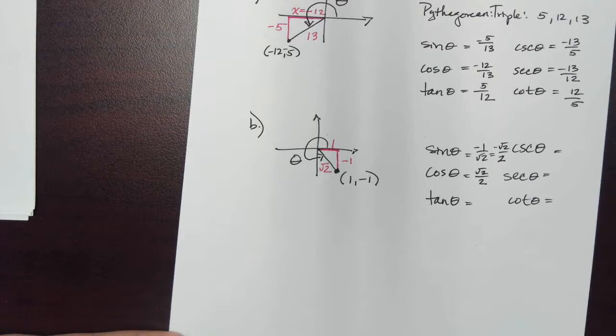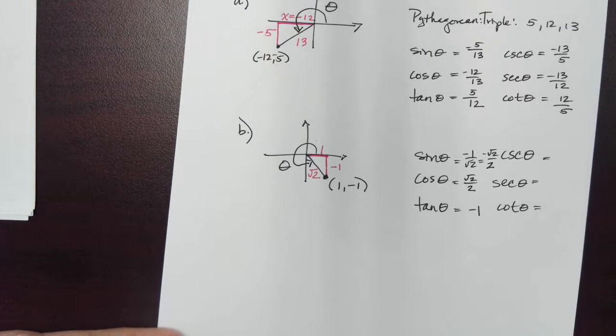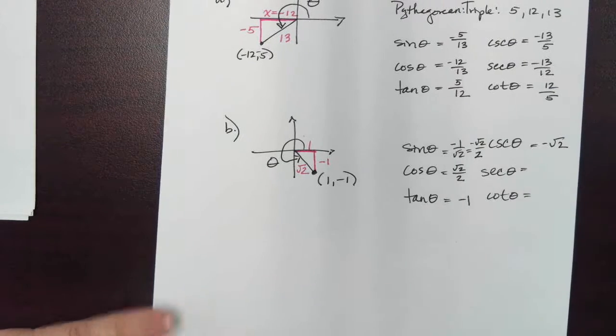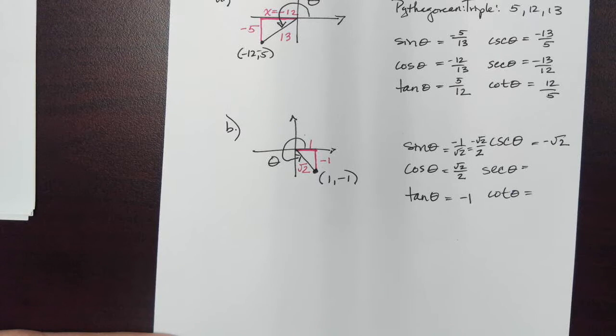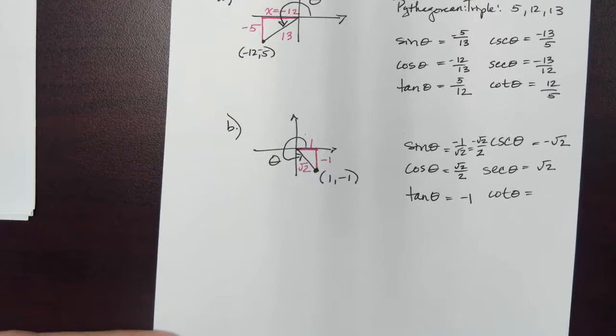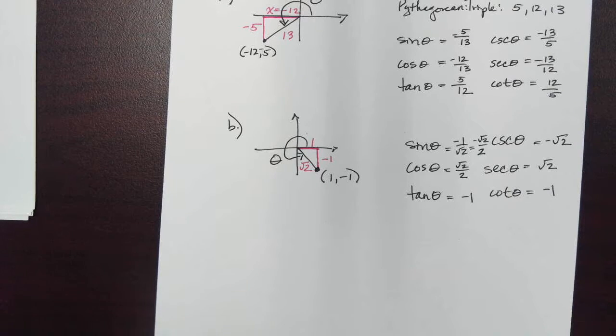It's going to be negative 1. Cosecant theta? Negative square root 2. Secant theta? Square root 2. Cotangent? Negative 1. Are those values the same as an angle measure on the unit circle? Negative pi over 4 or 7 pi over 4.